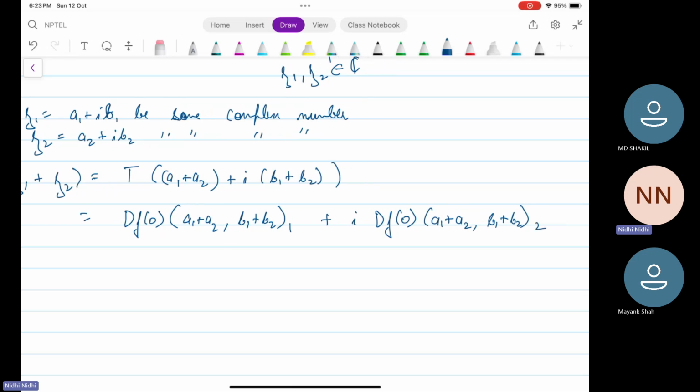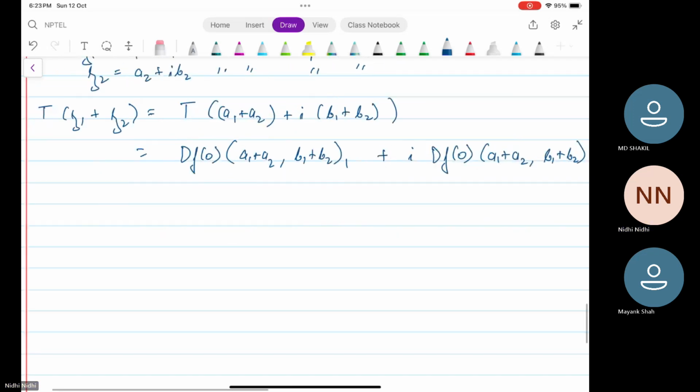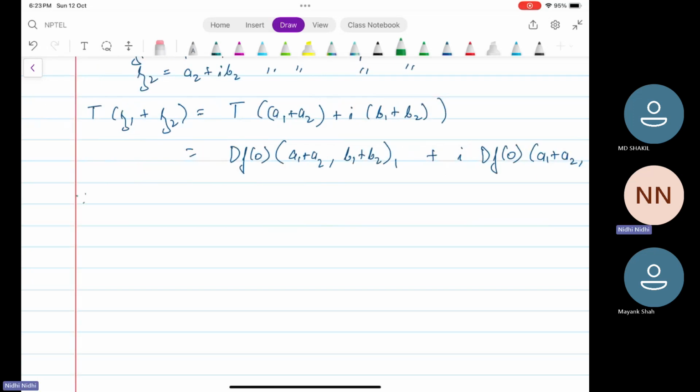Now since df0 is a linear map, we have df0 at a1 plus a2 comma b1 plus b2.